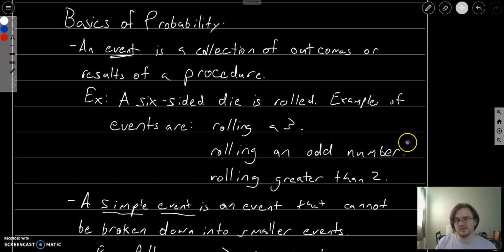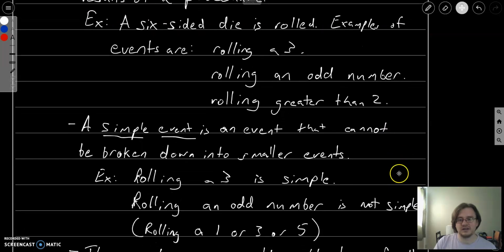We might roll a 1, a 3 or a 5, but we can still tell. Once we roll the die, we know exactly if we got an odd number or not. And likewise, if we roll a number greater than 2, again, there's more than one way to roll a number greater than 2, but we will know after the result is recorded whether or not we're inside this event.